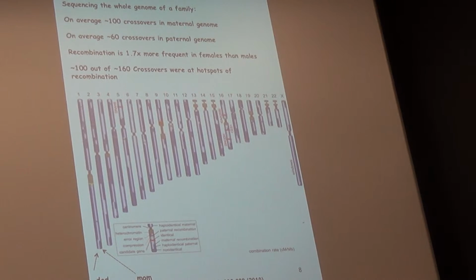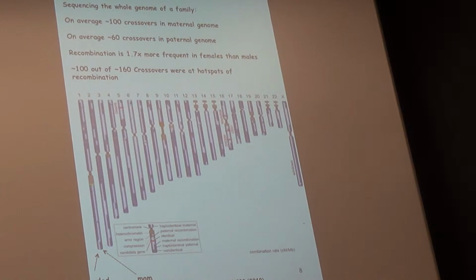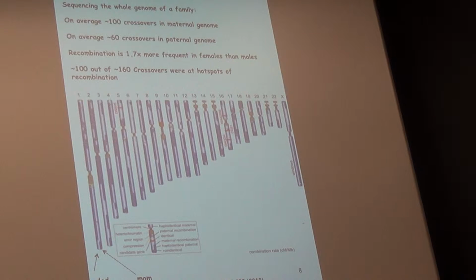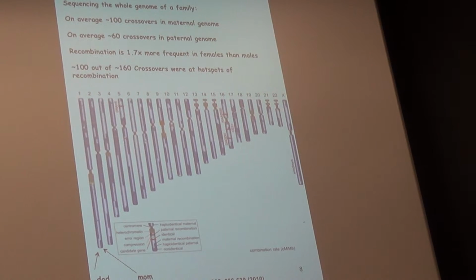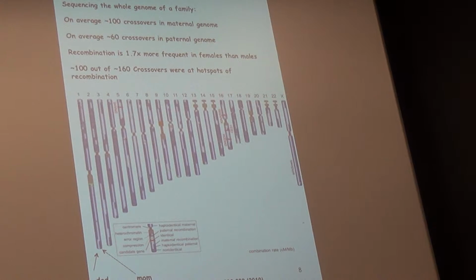So that's very similar to what I told you about the sex-specific differences, that females have greater recombination than males. And then they also found that about 100 of these recombination events occur at what were originally thought of as hotspots of recombination. 60 of them occurred at random, but then 100 of those, 160 crossovers, occurred at those hotspots.